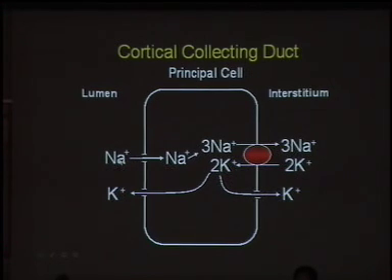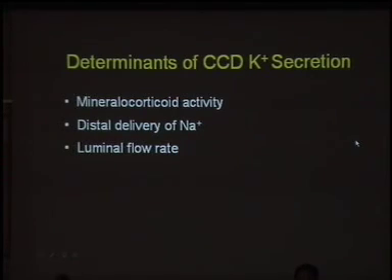You see the sodium-potassium exchange and the sodium-potassium ATPase, which uses ATP here at the interstitium. And this is influenced by hormones, aldosterone, mineralocorticoid activity and distal delivery of sodium, which I will show you later, and the urine flow rate.